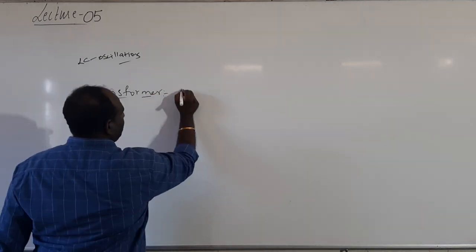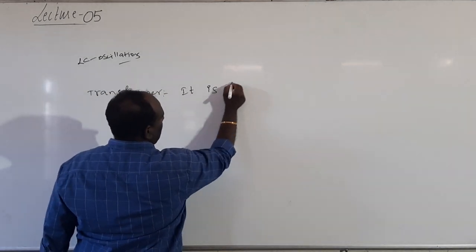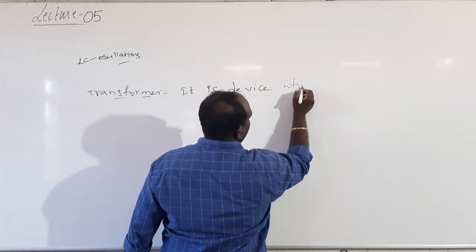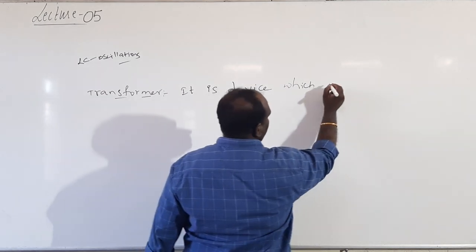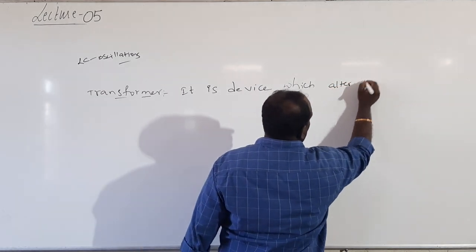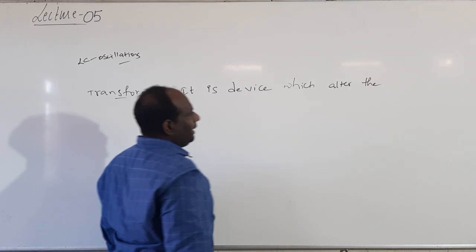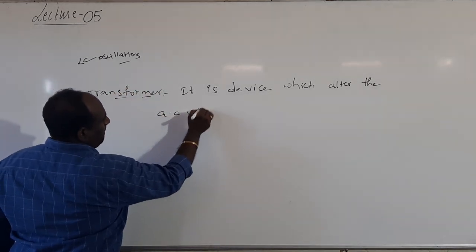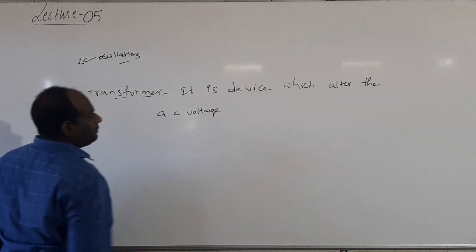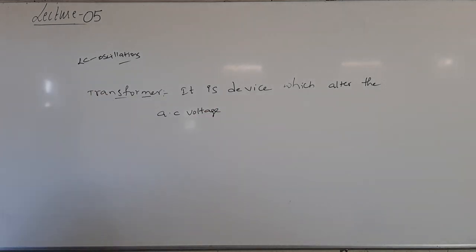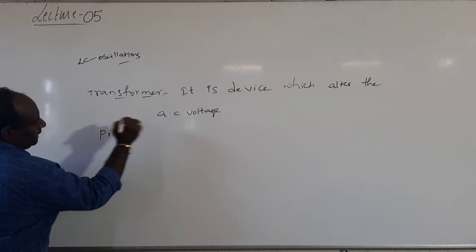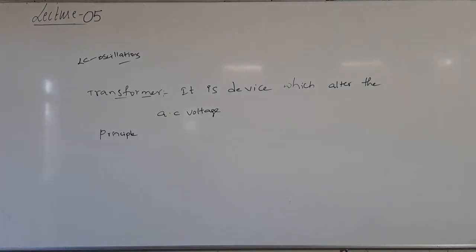Transformer, it is a device which alters the AC voltage. Now, what is the construction? What is the principle? I will explain the diagram, from that we can explain clearly.